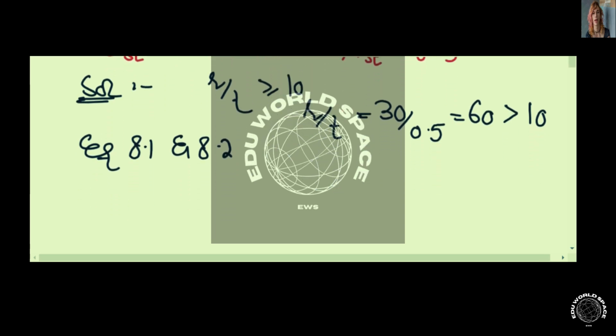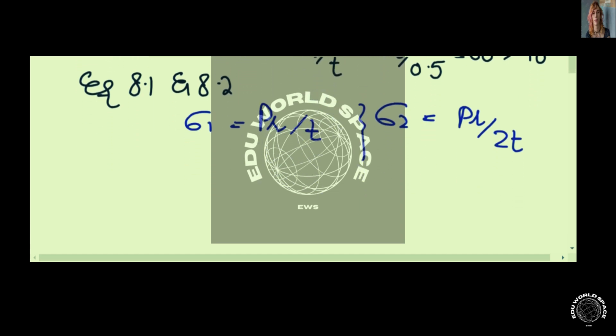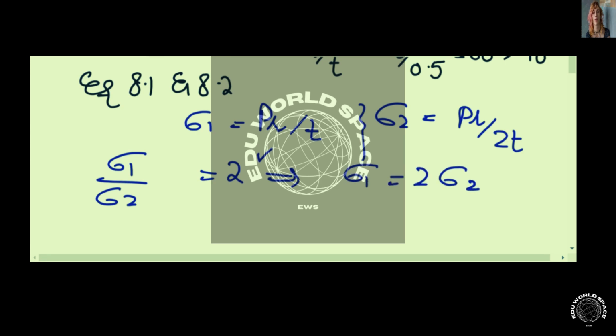So let's start with finding the principal stresses. Sigma sub 1 is equal to P times R divided by T, and sigma sub 2 is equal to P times R divided by 2T. Now we divide sigma sub 1 by sigma sub 2, so we have 2, and from this relationship, sigma sub 1 is equal to 2 times sigma sub 2.